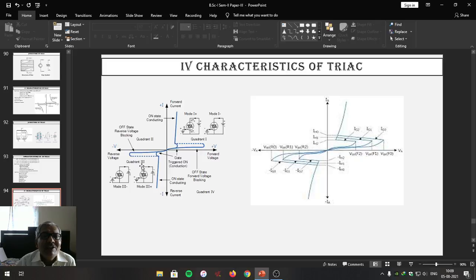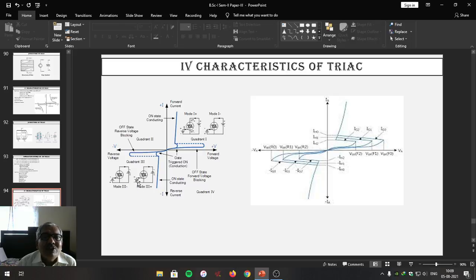But when the polarity of MT1 and MT2 is changed, as represented here, MT2 is negative with respect to MT1, whereas gate is positive in one case and negative in another case.